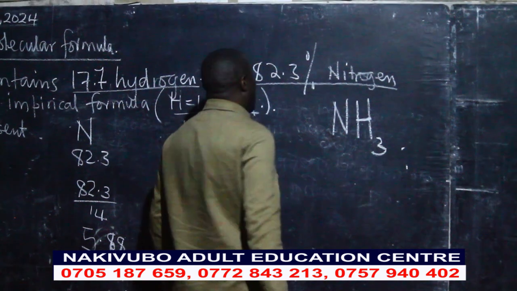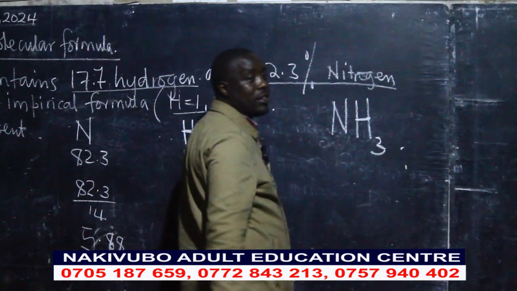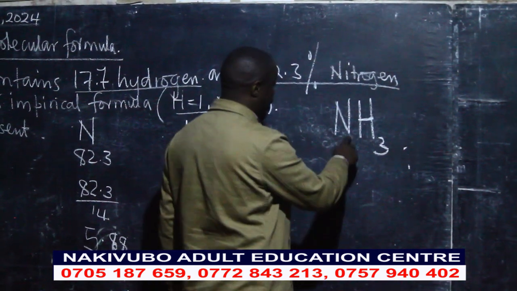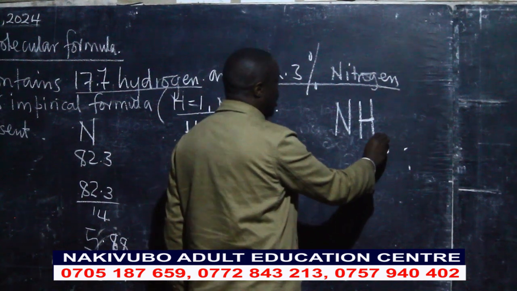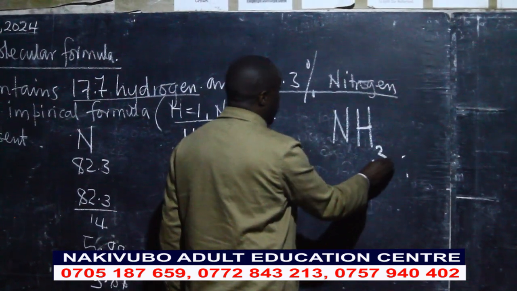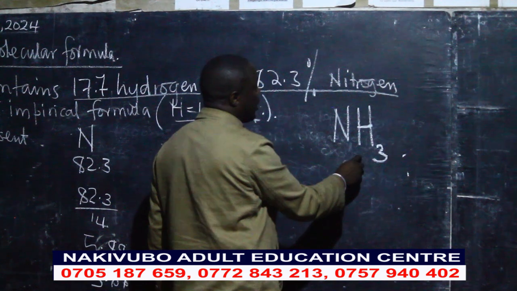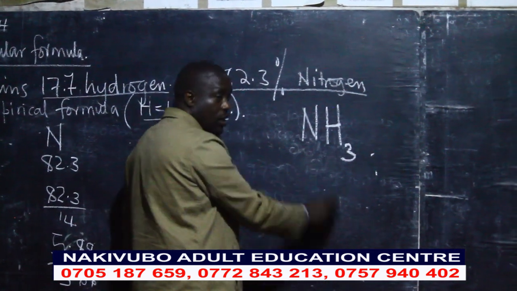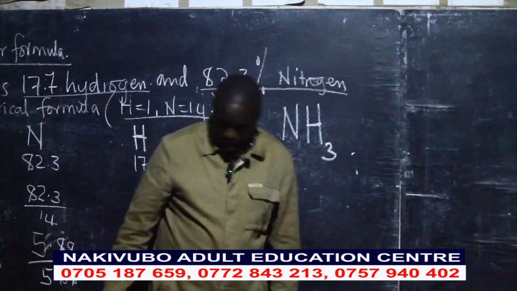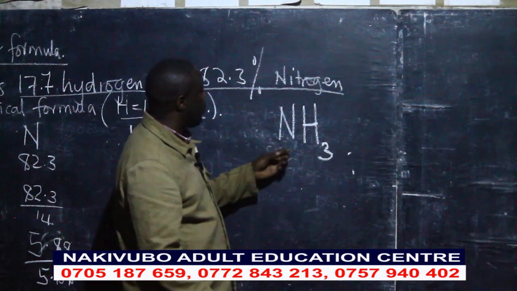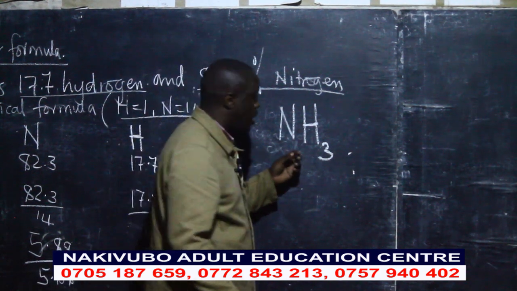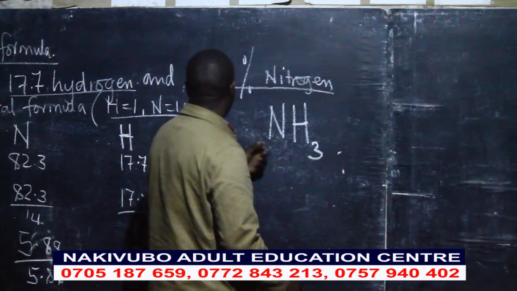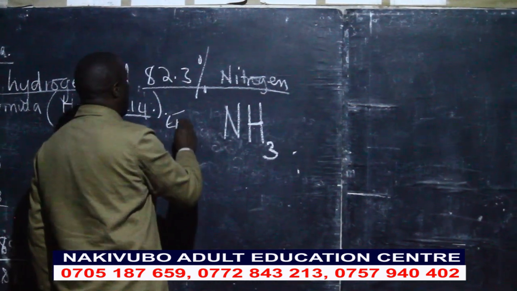Remember, we don't write 1. So NH3. What is NH3? This is ammonia. So this is the empirical formula.